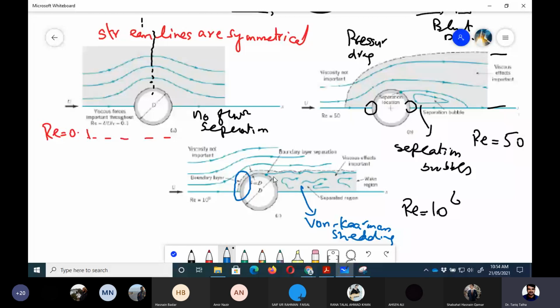So in these cases, Reynolds number 50 and 1 million, there is a flow separation on the back end of the semi-blunt body, and due to that pressure drag is very high in these two cases. But for the low Reynolds number, pressure drag is negligible and friction drag is more.